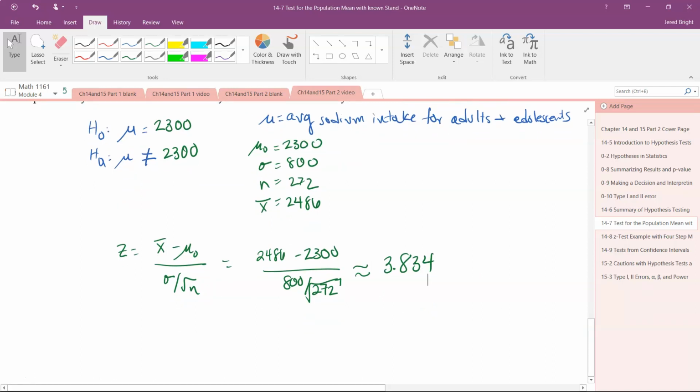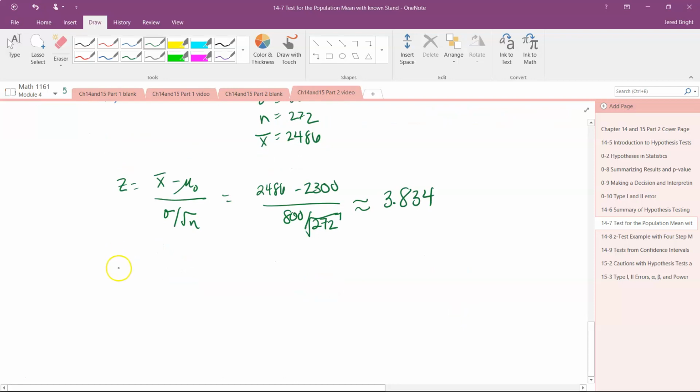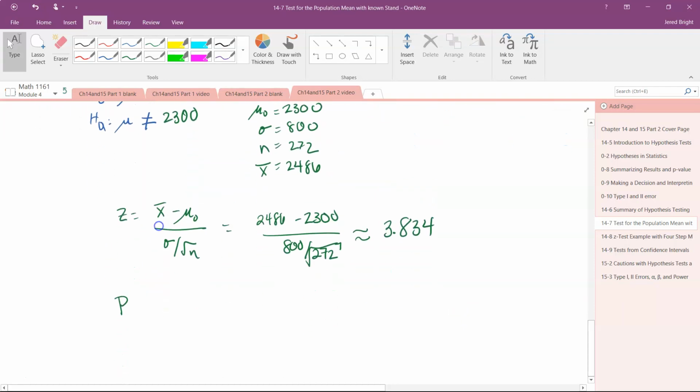Okay, so to calculate the p-value, since this is a two-sided test, I need to do 2 times parentheses 1 minus norm dot dist, and then 3.834.